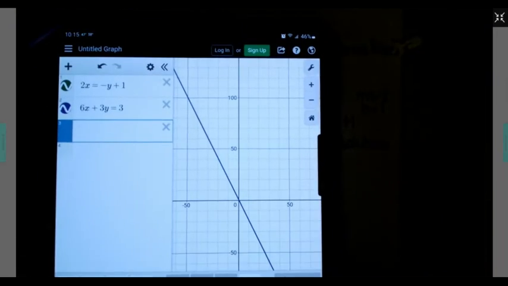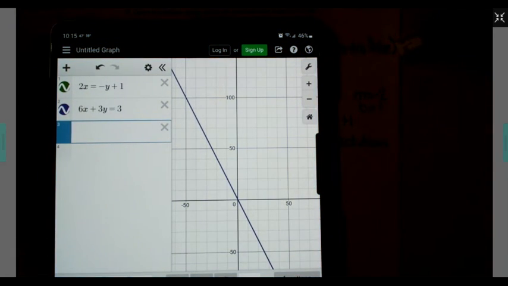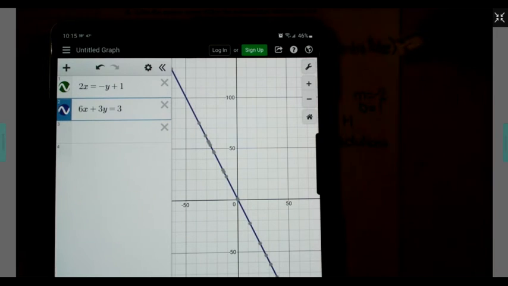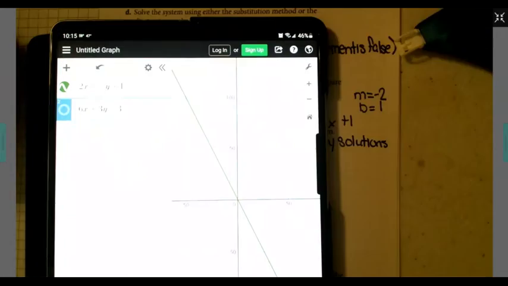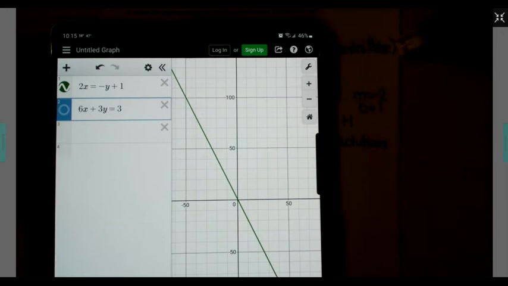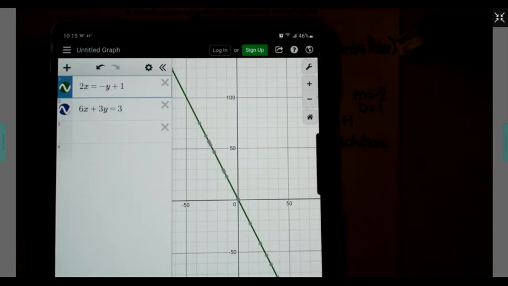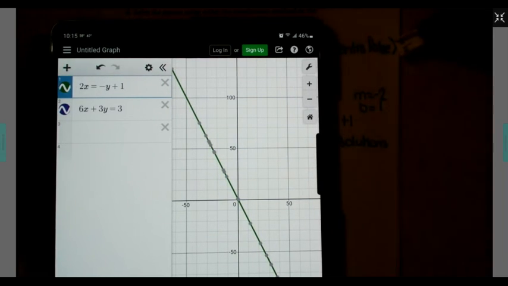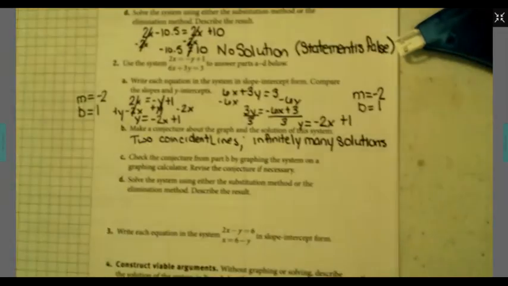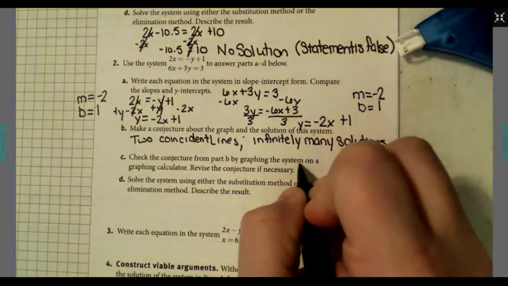I want you to notice something. I turned them off and on, and there's only one line. It's the same line. So that does check out with what we said. So use Desmos here.